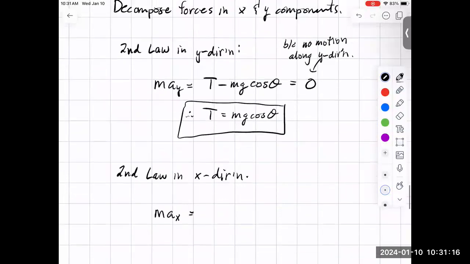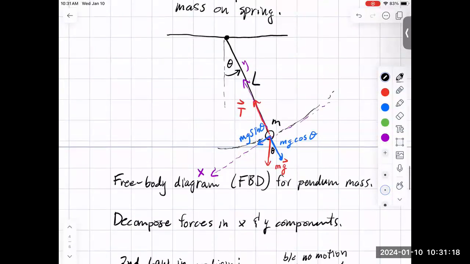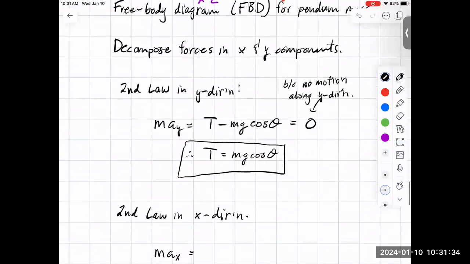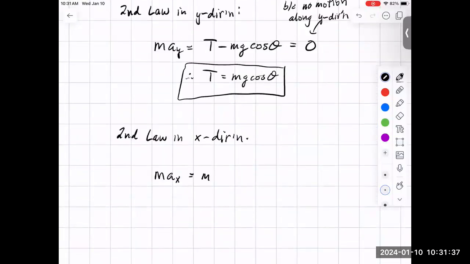And then all we have to do is go back to our picture and look at all of the forces that are in the x direction. And there's only one of them. And it's the mg sine theta component of the gravitational force. And so all we would say is this would be mg sine theta.